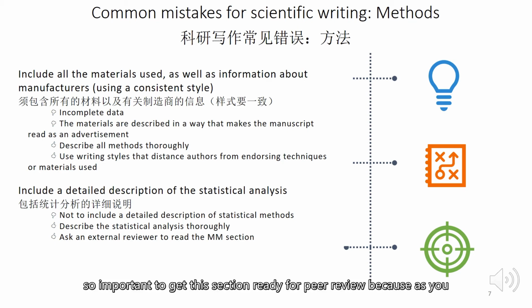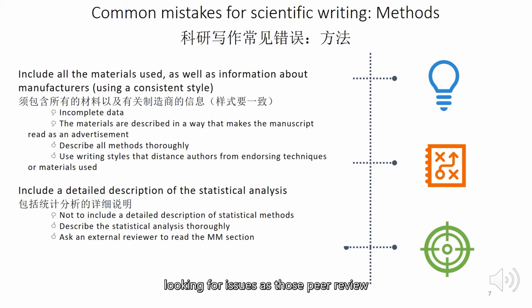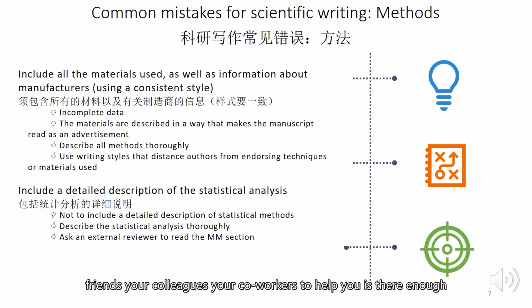So important to get this section ready for peer review, because as you will remember, this is the main part of your paper that peer reviewers will look at, looking for issues. Ask those external reviewers to read the paper. Give it to colleagues. Talk to people. Ask your friends, your colleagues, your co-workers to help you.